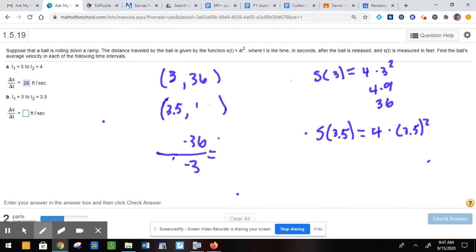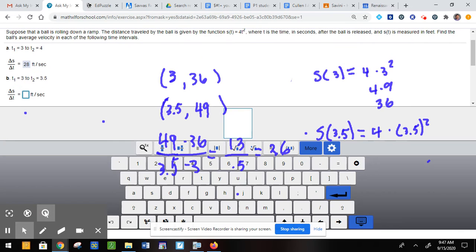So it ends up being 49. So it's 49 minus 36 over 3.5 minus 3. So you end up with 13 over 0.5, which ends up equaling 26. All right, so your answer here is 26.